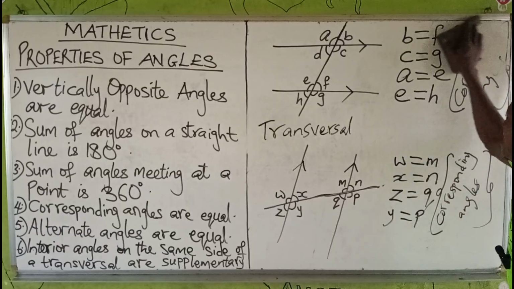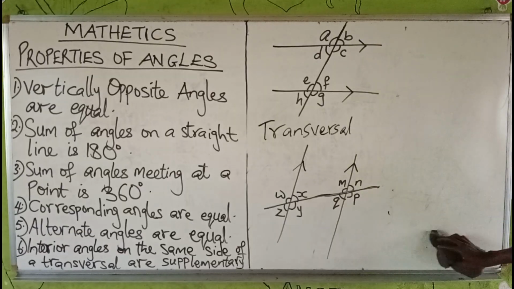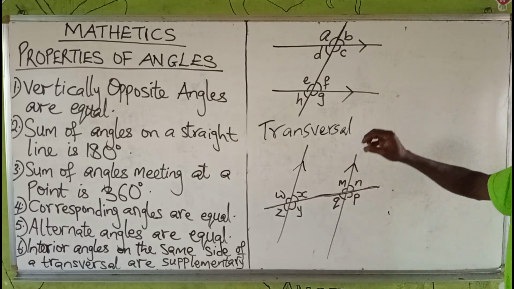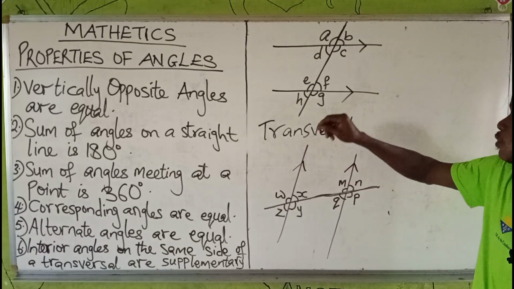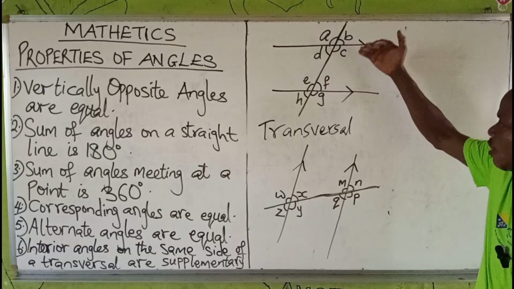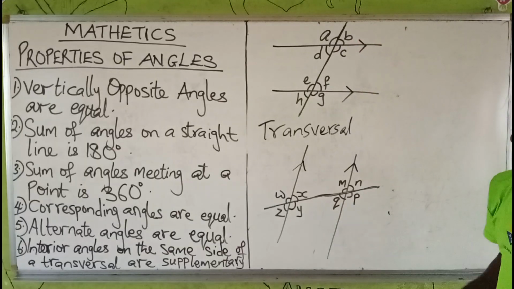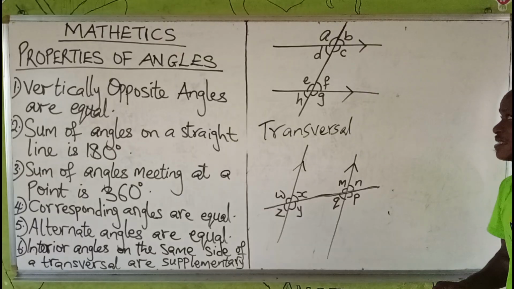What that means is that in this first figure, we can only obtain alternate angles from D, C, E, and F because they are all interiors. They are all enclosed in the parallel lines.